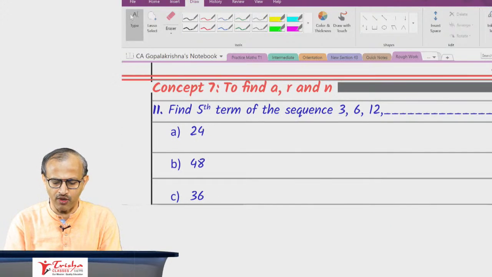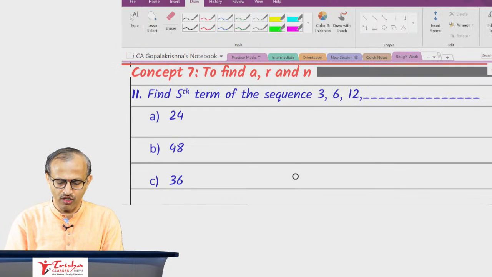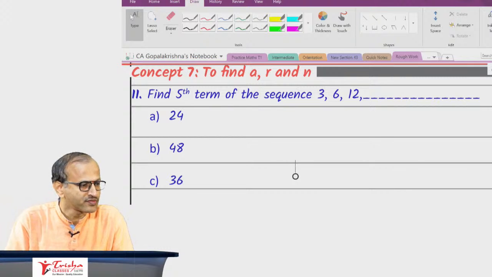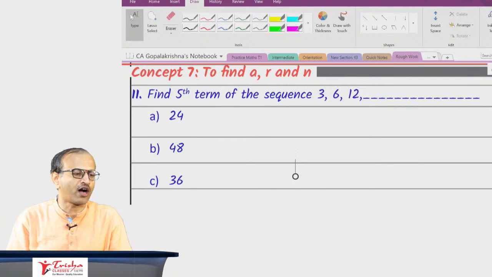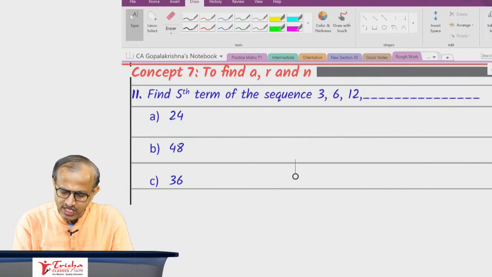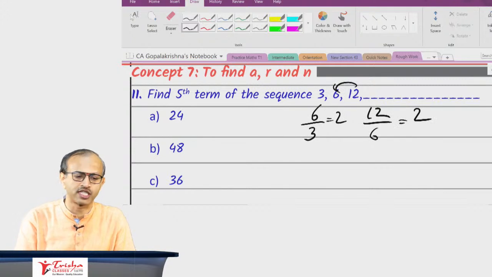Here we have a problem on working out A, R and N, the nth term. Find the fifth term of the sequence 3, 6, 12, and so on. First you tell me, is the ratio the same? 6 by 3 is equal to 2. 12 by 6, T3 divided by T2, is still the same.